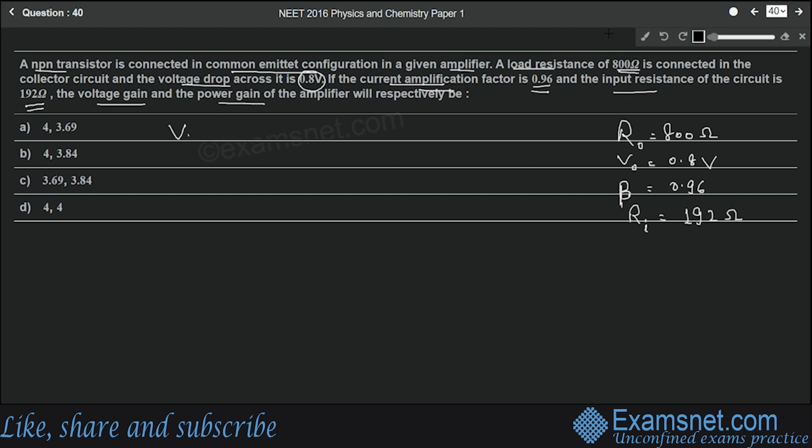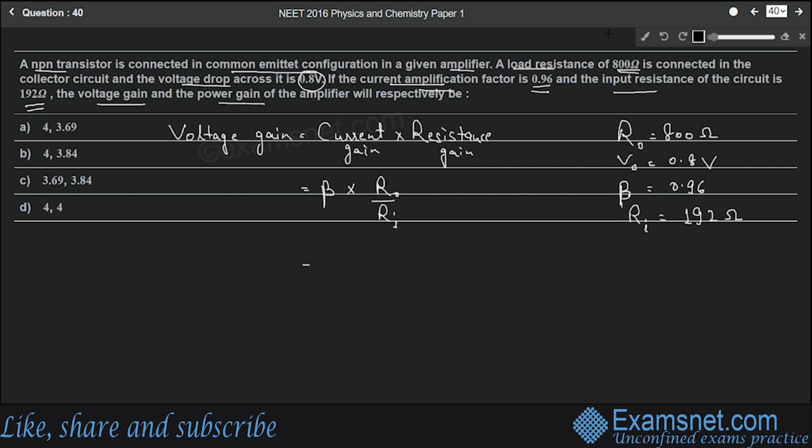So we know that voltage gain is equal to current gain into resistance gain. Now current gain is nothing but beta and resistance gain will be equal to output resistance by input resistance, right?